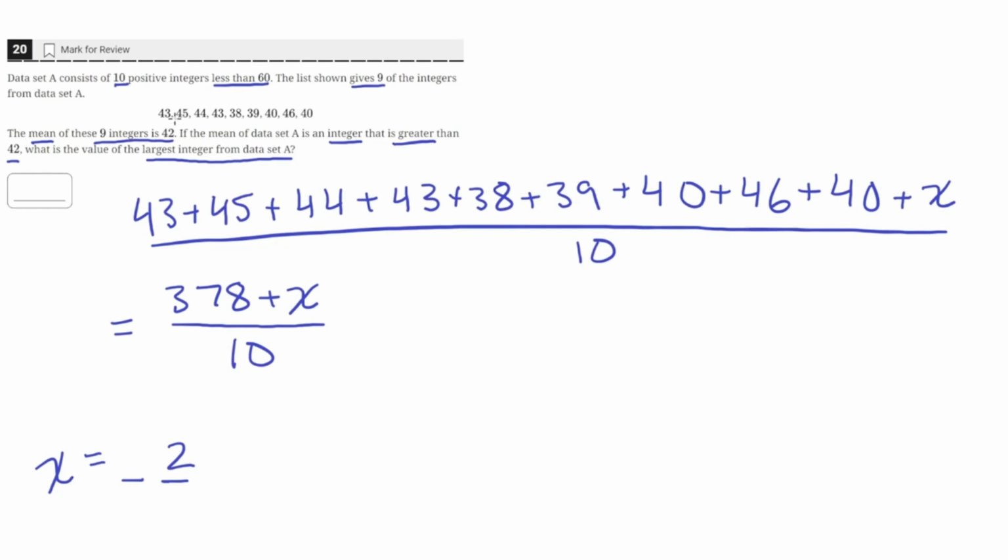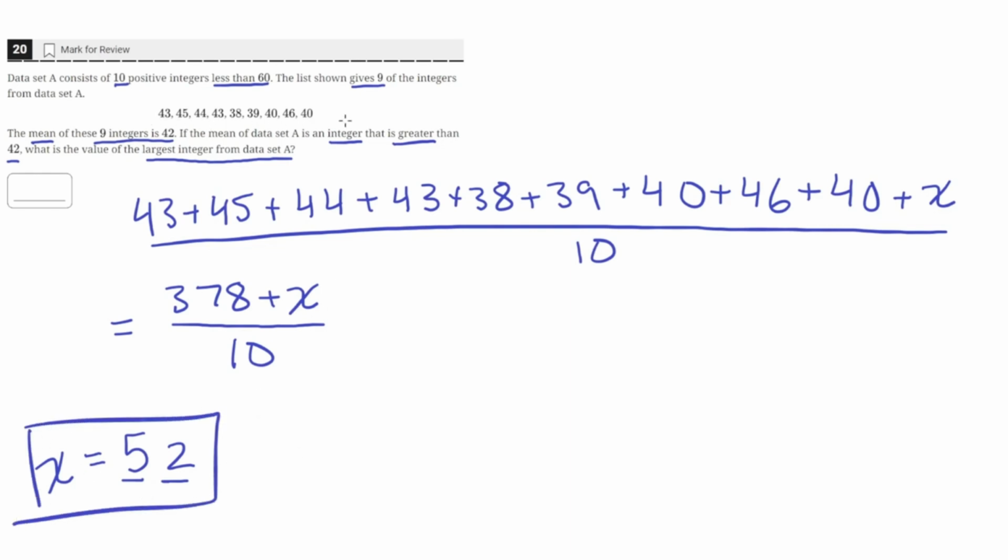Since the mean of these 9 integers is 42, we need a value larger than 42 to push the mean above 42. And since x has to be larger than 42 but less than 60, the only number that has a 2 in the ones place is 52. So x has to be 52.